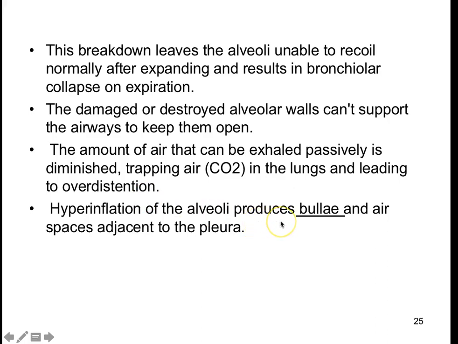And it will then trap the CO2 because you can't get it exhaled totally, so it gets trapped in the bronchioles, and it produces a hyperinflation or a balloon-like effect of the alveoli, and we call it a bulla, B-U-L-L-A-E.